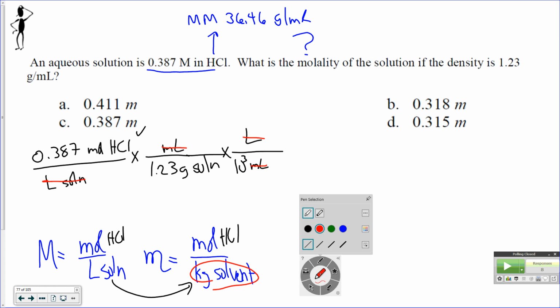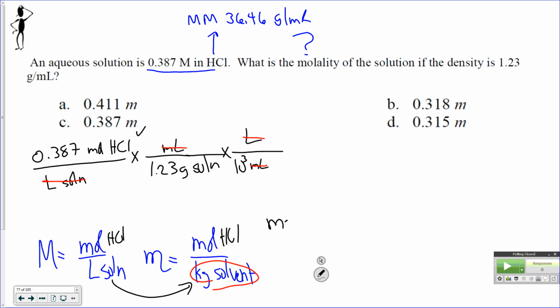So the thing I need to know is how much of that solution is actually solvent in the system. Okay, so we can go back to what we did in the previous problem. The mass of the solvent is going to be the mass of the solution less the mass of the solute.